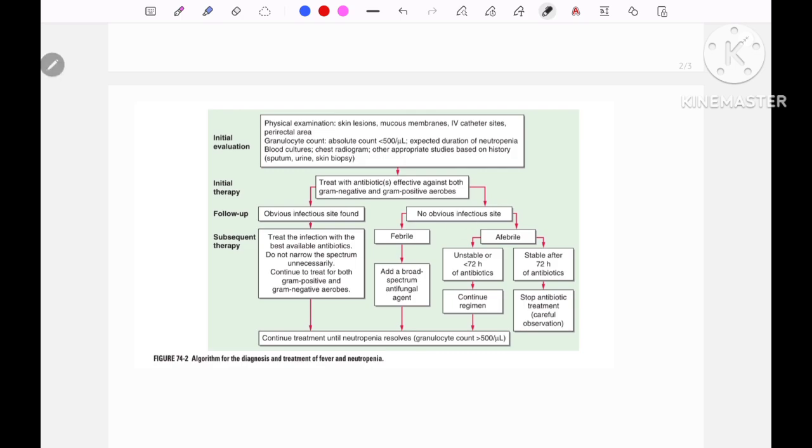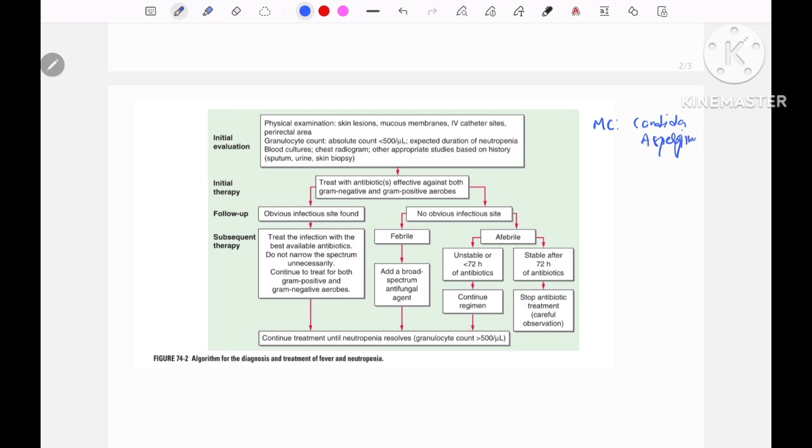And if there is no obvious infection site and the patient is still febrile, then we add a broad-spectrum antifungal agent. The most common fungal infections are Candida and Aspergillus.